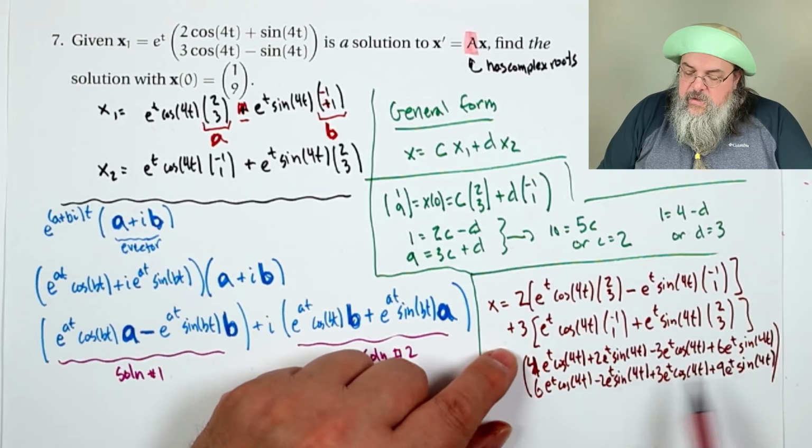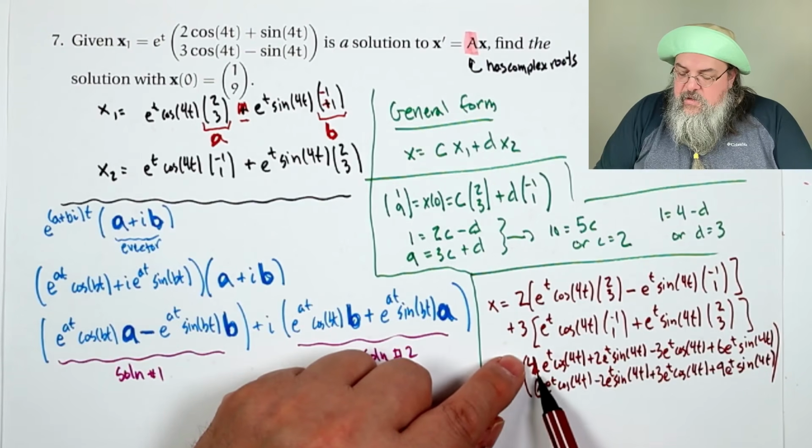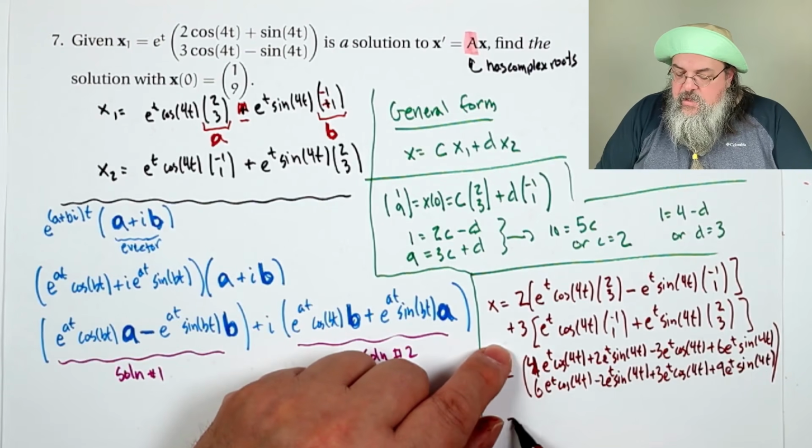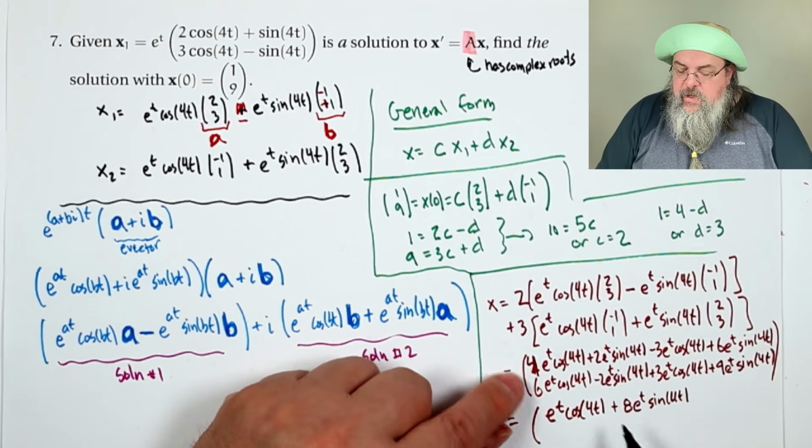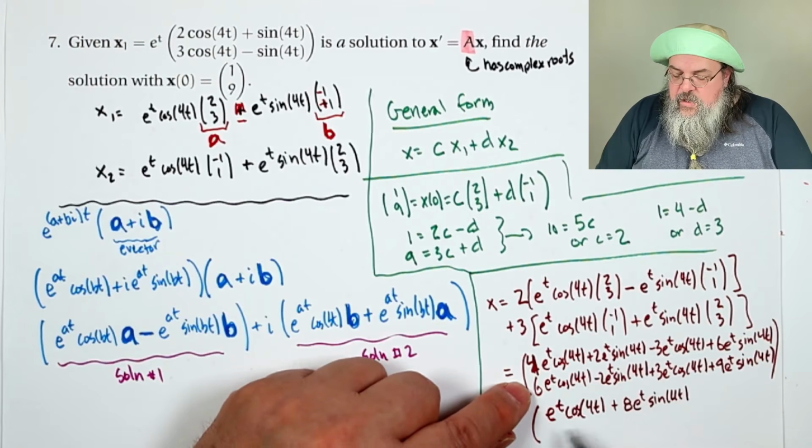And finally, add these up on the inside. 4 minus 3 makes 1. So e to the t cosine 4t. A 2 plus a 6 makes 8 e to the t sine 4t. 6 plus 3 makes 9 e to the t cosine 4t.